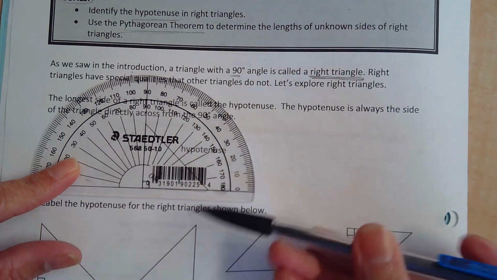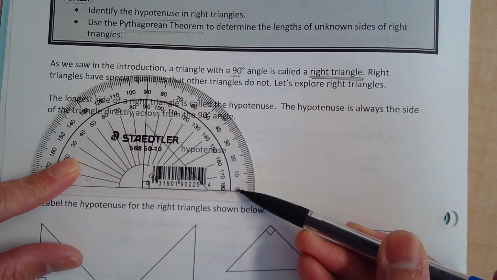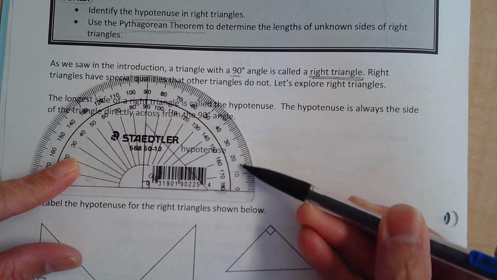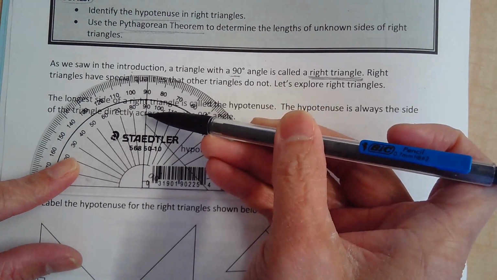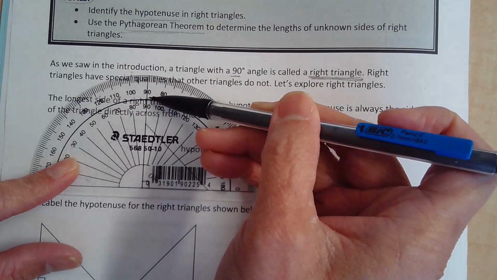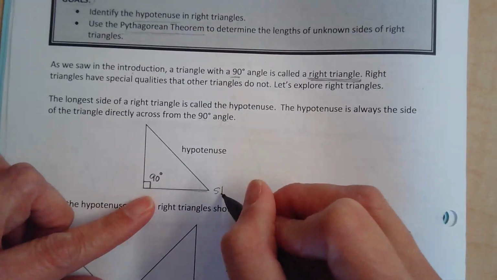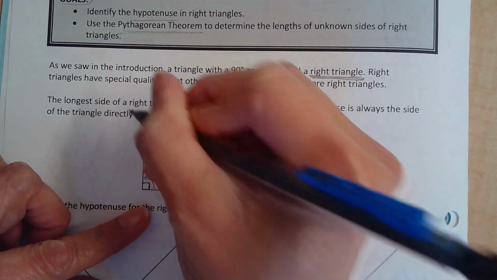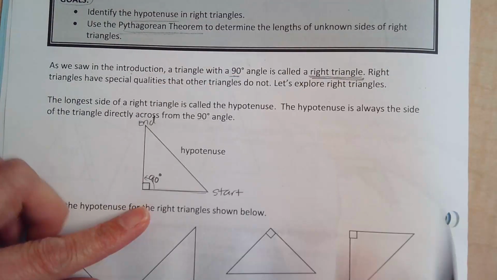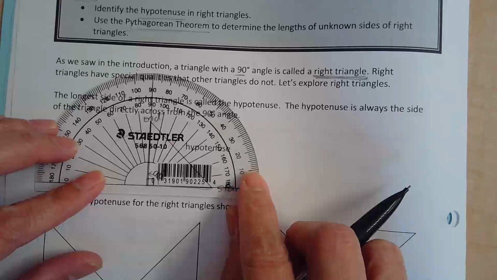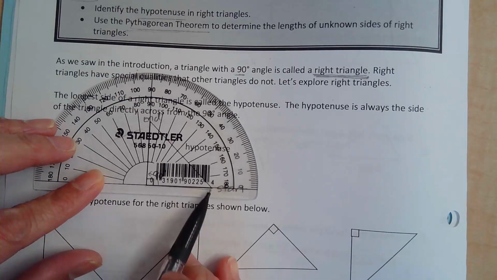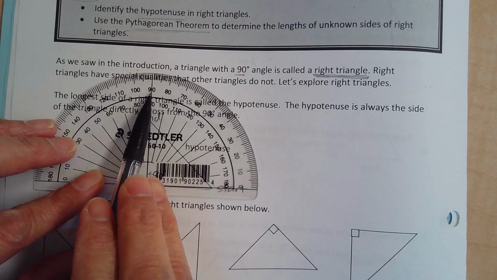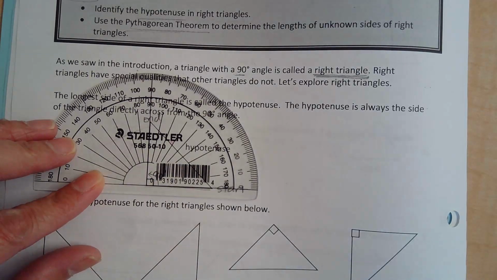So this is where you're starting at 0, and then we're turning this way, and this is where we end, at 90 degrees right there. Okay, just for the people who weren't here yesterday.